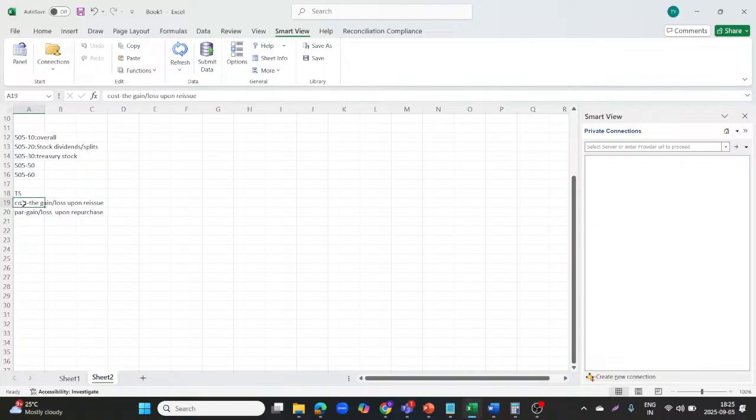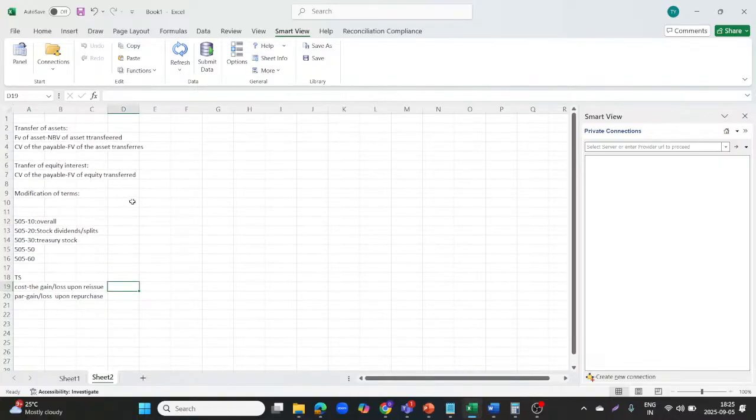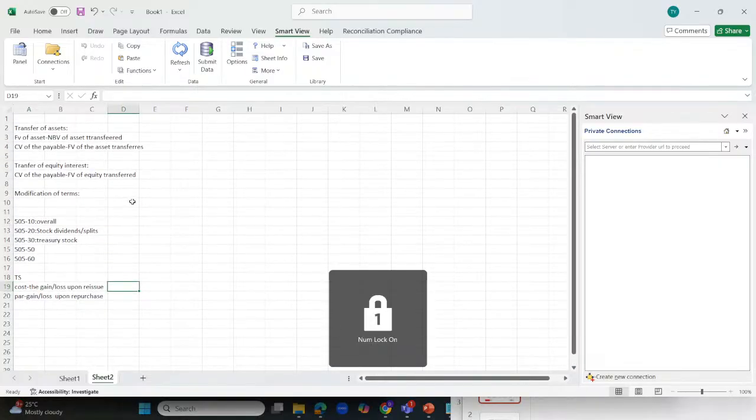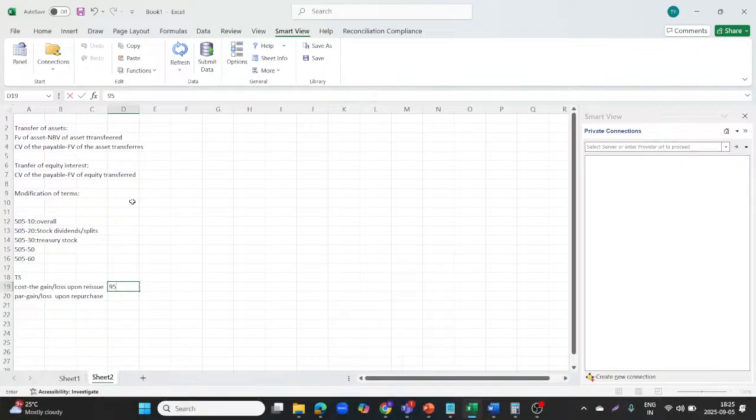The cost method is mostly used, 95% of the time, and the remaining 5%, the par method is used.